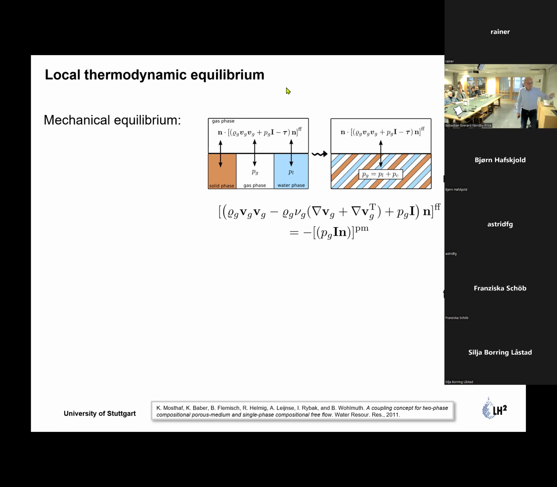It means if you build now the balance of the normal forces, then the pressures are not equal at the interface. Why? Here in the free flow, you have the classical pressure of the free flow system of the fluid. In the porous media, you have the potential related Darcy pressure. You have done a lot of work related to this, so that the pressure is not the same. That's the first weak point.